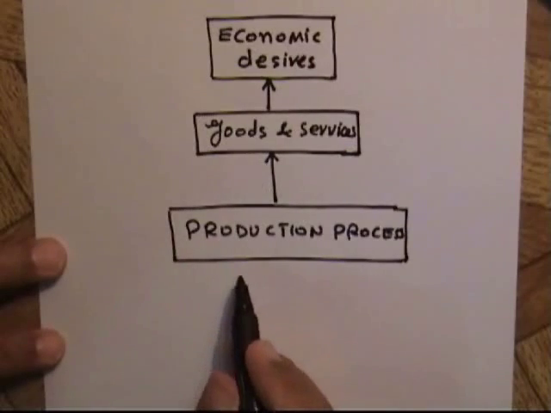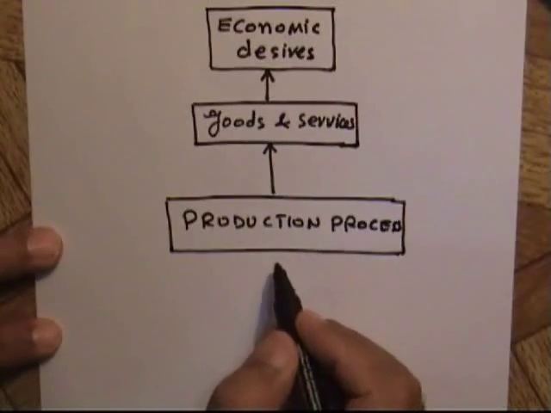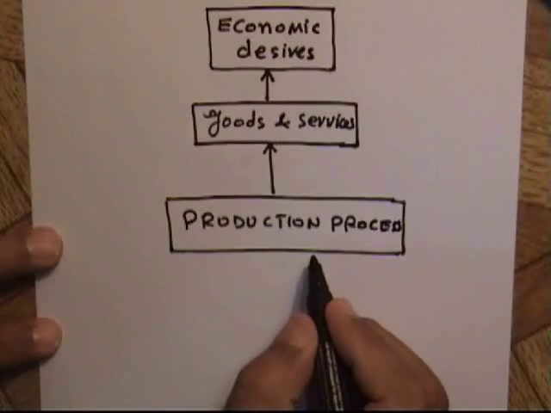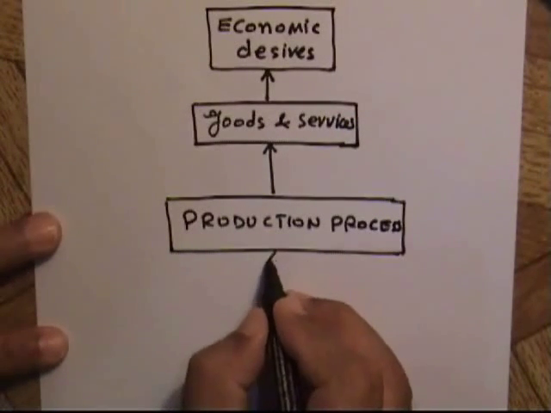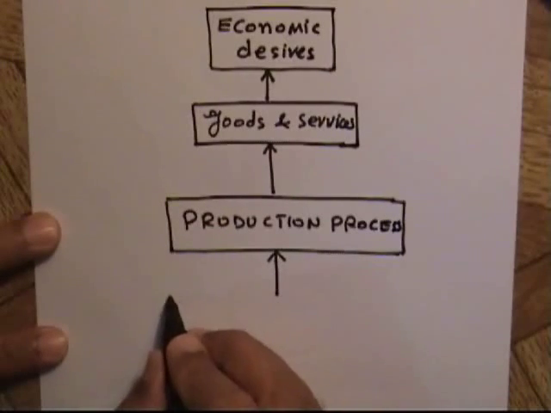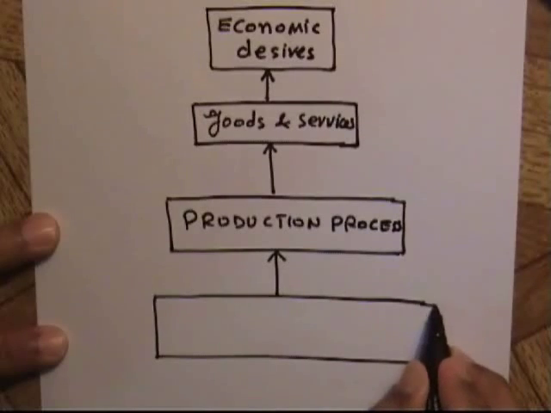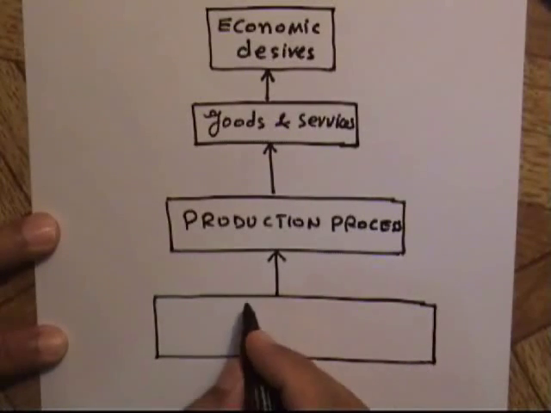Production process means employment of resources, economic resources, in order to produce something. We need economic resources, or simply the resources.